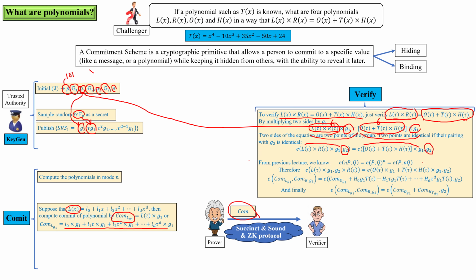Okay, now we want to simplify this formula. You remember this property from the previous lecture. If you have a scalar that is multiplied by the first element in the pairing, you can consider this scalar value as a power, or you can put the scalar value here.